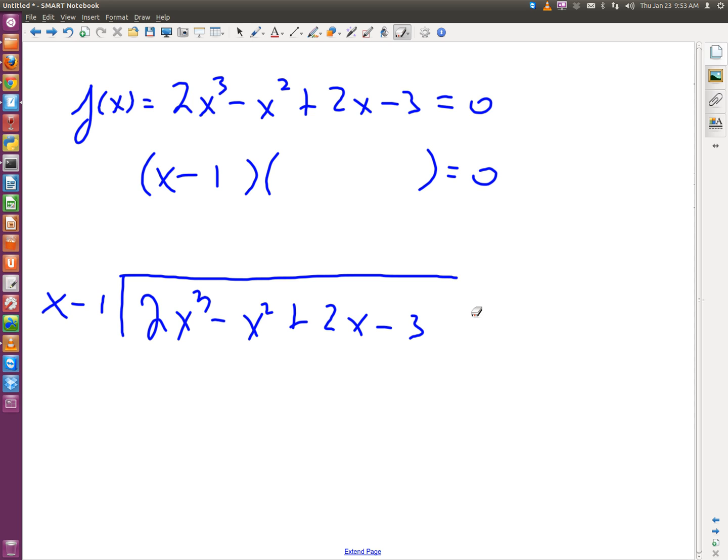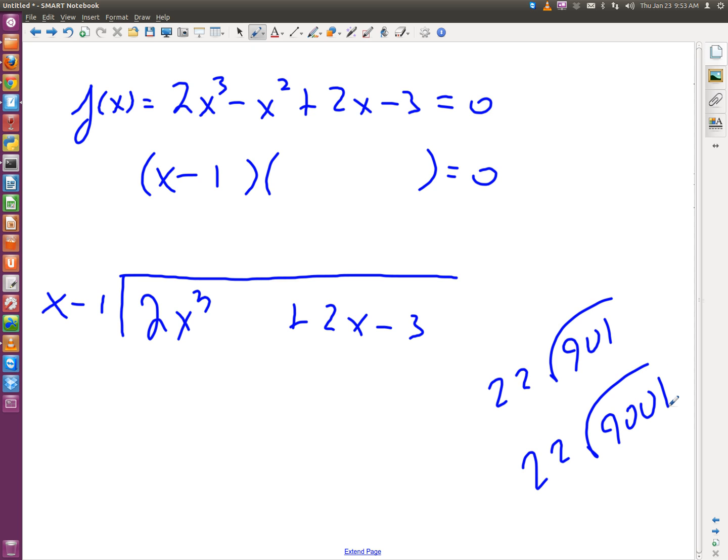What if I was missing x squared? What if the original problem didn't have this in it? It would be depressed. Now remember, you know this from long division. If I divide 22 into 901, I'll get an answer, right? But is that the same thing as dividing 22 into 9001?